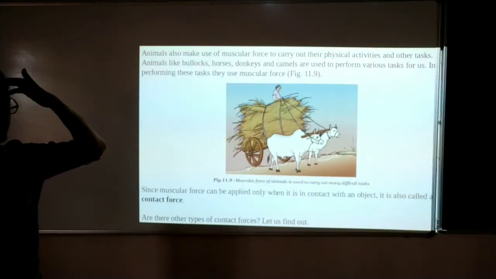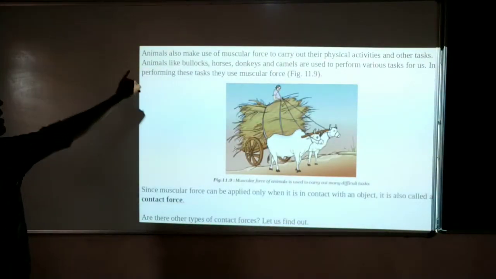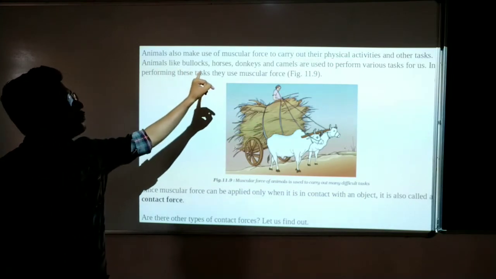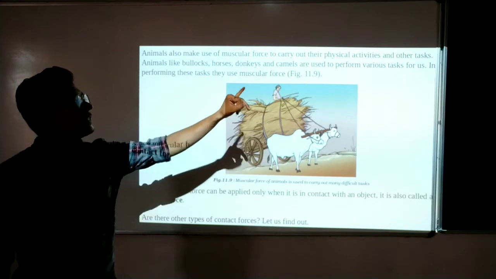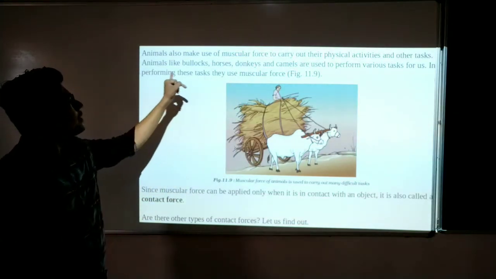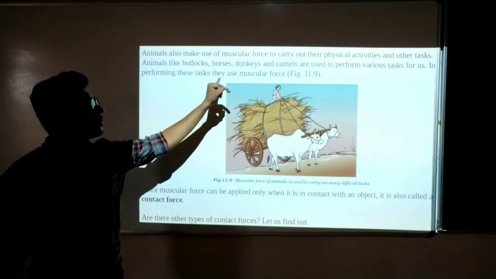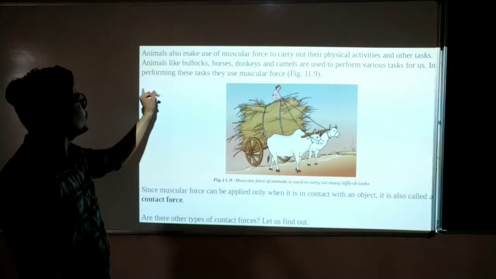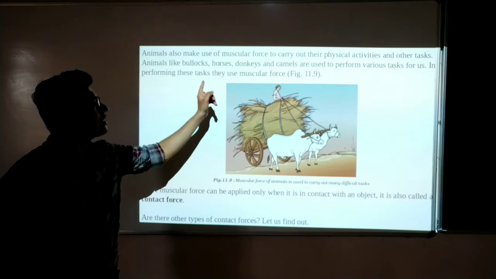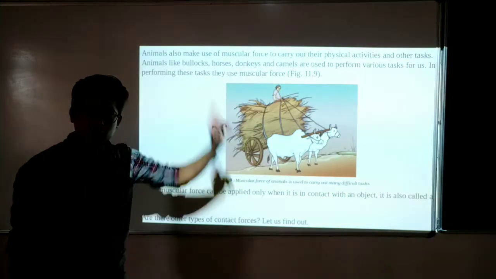Here are some more examples of muscular force. Animals also make use of muscular force to carry out their physical activities and other tasks. Animals like bullocks, horses, donkeys and camels are used to perform various tasks for us. In performing these tasks, they use muscular force.